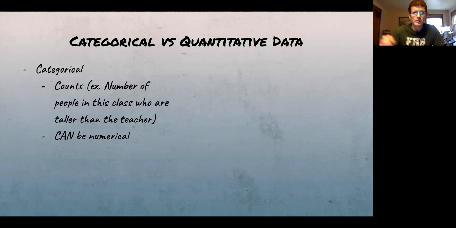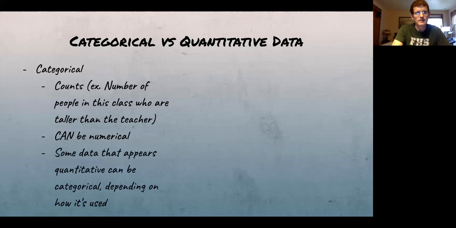You had to figure out which category you fell into: 0, 1, 2, or 3 or more siblings. So look at the situation and see how it's being used to determine if it's categorical or quantitative. Hopefully that example makes sense. Some data that appears to be quantitative can be categorical depending on how it's used, like in our example today.